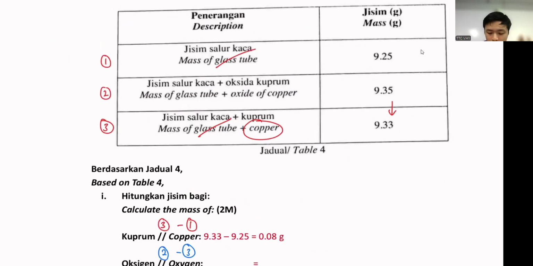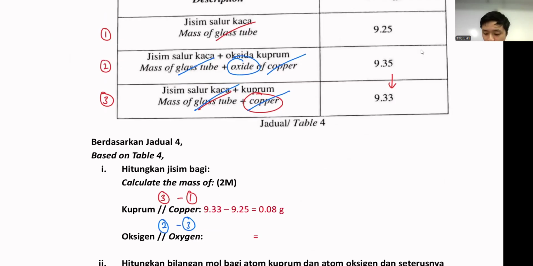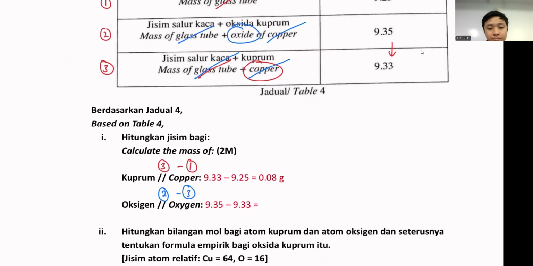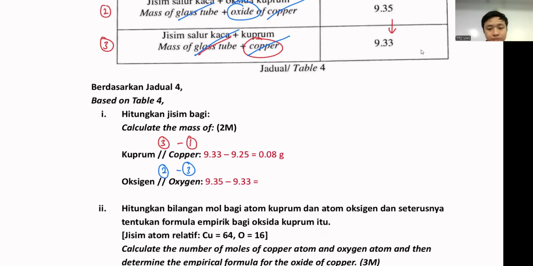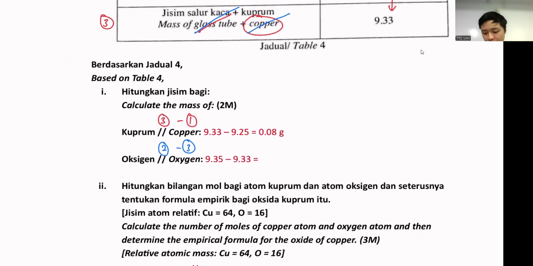Glass tube with copper oxide minus glass tube with copper, then I get the oxygen. That's why I use 9.35 minus 9.33, which gives 0.02 gram.